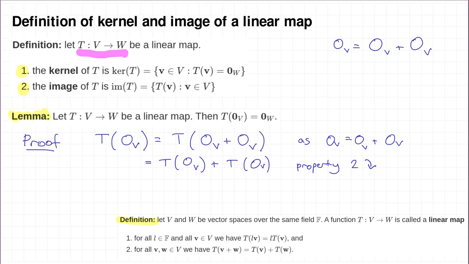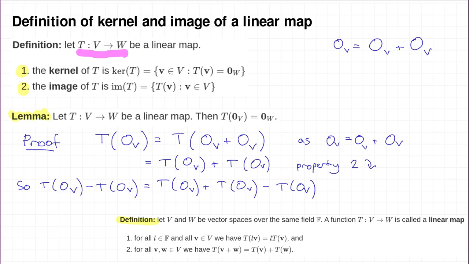All right, we're now going to subtract T of 0_V from both sides. Now I don't really need to put brackets in on this right hand side because I know vector addition is always associative, so it doesn't matter how I bracket this right hand side.